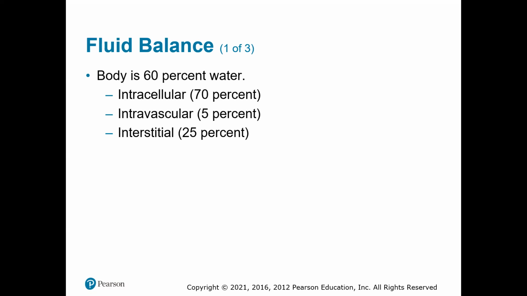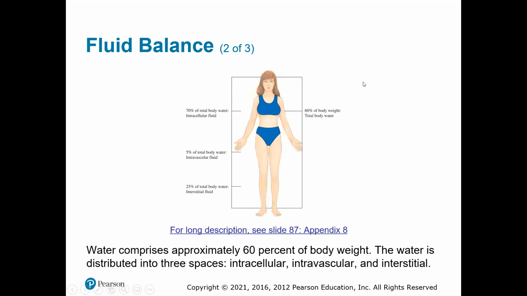We need that water to be able to move electrolytes, to be able to move energy and other substances and nutrients throughout the body. And then interstitial is 25%. That's basically our reserves and the fluid in between joints and muscles and everything that keeps things fluid and moving, so we're not all stiff everywhere we go.